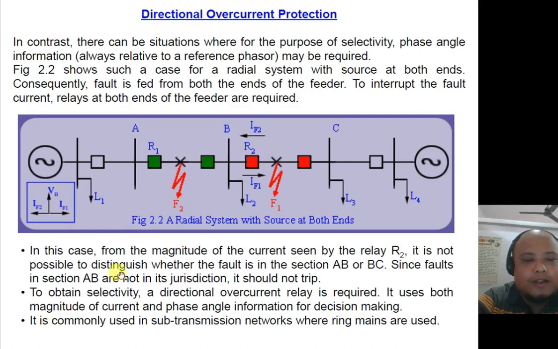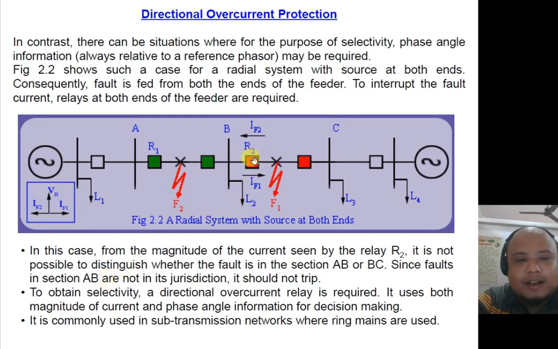So to obtain selectivity, I told you what selectivity was: a relay should operate only for those faults for which it was installed. So it should be able to select whether it should act for a particular fault or not.